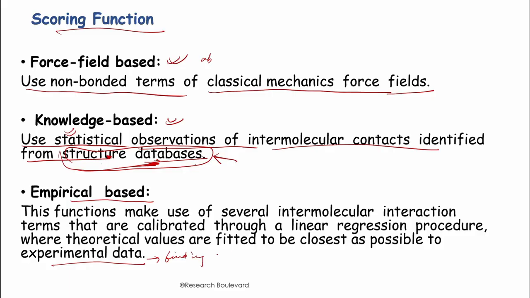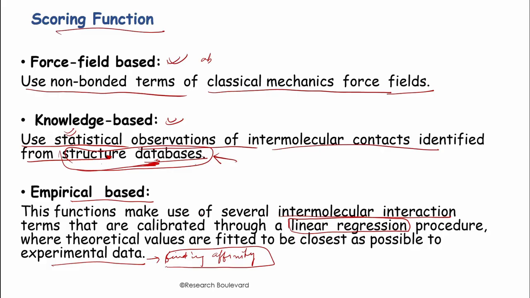So this is the equation for AutoDock 4. This gives you the van der Waals interaction term, this gives you the hydrogen bond interaction term, this is for the electrostatic interaction term, and this is for the desolvation effect. One more term should be there, that is for rotatable bonds.